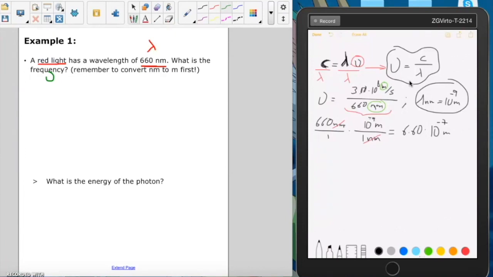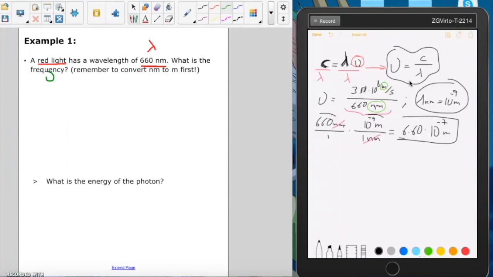Well, because I have multiplied this number times this number, and then I have transformed the number into scientific notation, where you can only have one number in front of the decimal point. So we have moved the decimal 2 positions to the left. That's why we have here 10 to the minus 7 and not 10 to the minus 9. All right, so this is our wavelength in meters.